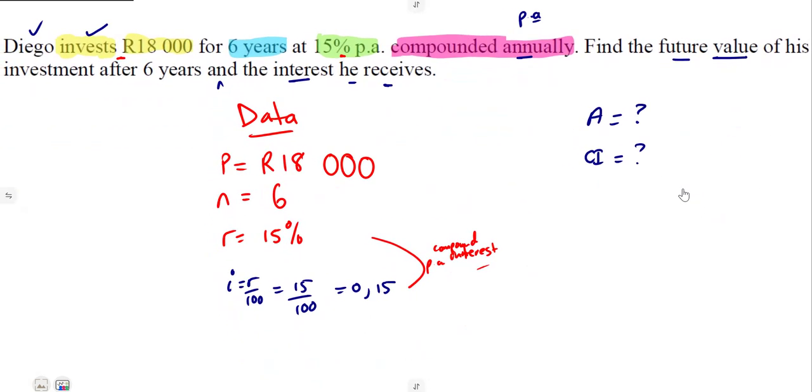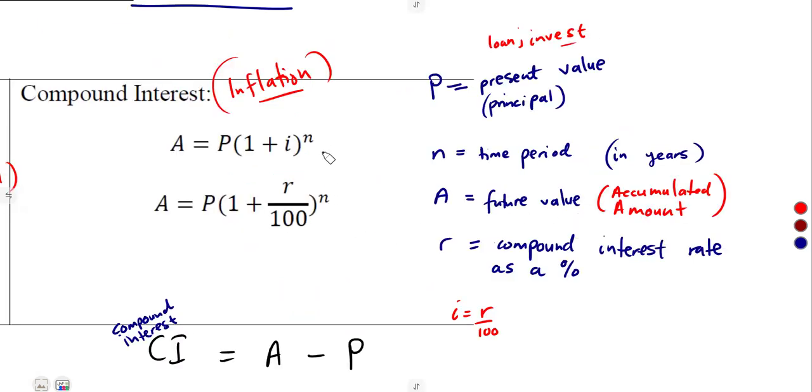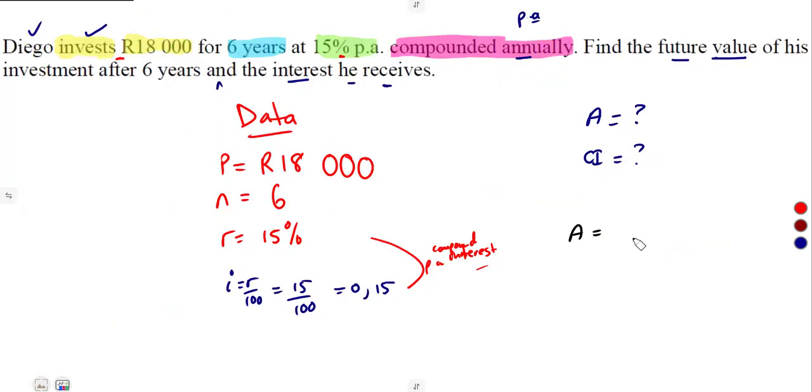How can we calculate A, his future value? Use the accumulated amount formula from our compound interest. You can use the first one. Let's start with the first one, then also apply the second one. So from the first one, it's P into 1 plus I to the exponent of n. So that's our accumulated amount, which is our future value. So A is equal to, substitute P, which is 18,000.